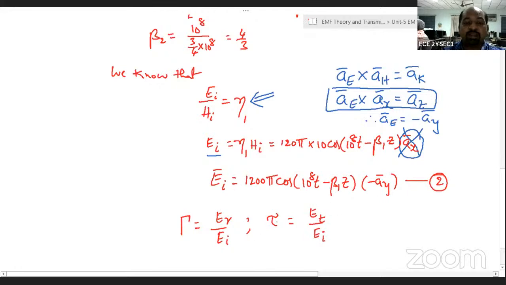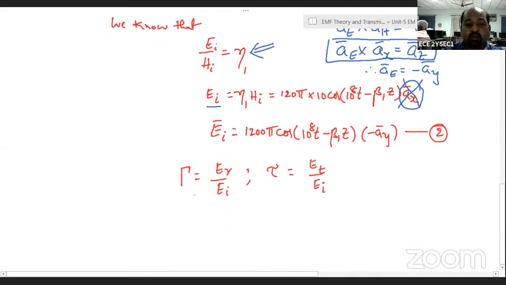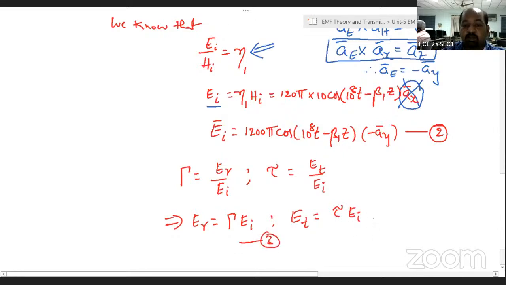So we know Ei, and from this we can determine Er. Er is equal to reflection coefficient multiplied by Ei, and similarly Et is equal to transmission coefficient multiplied by Ei. Let us say this is equation 3 and this is equation 4.